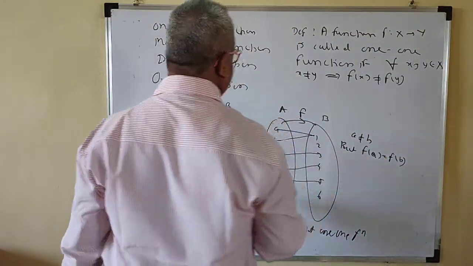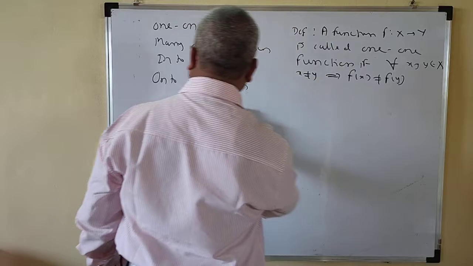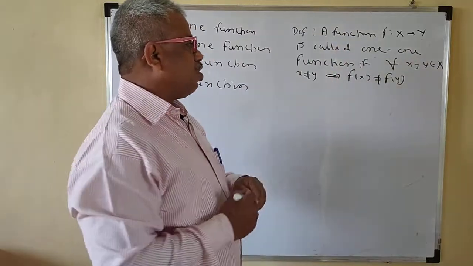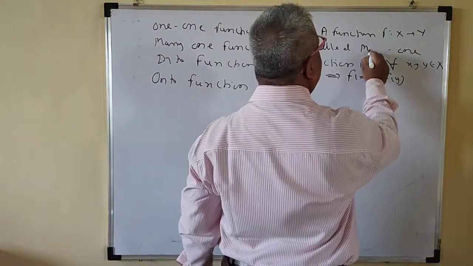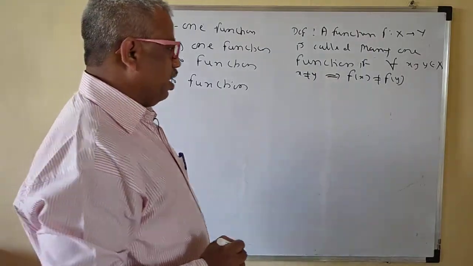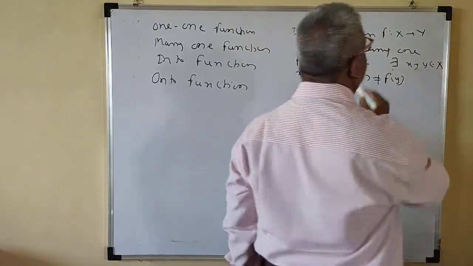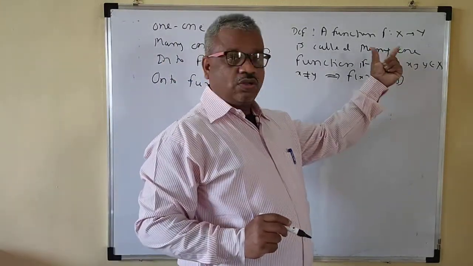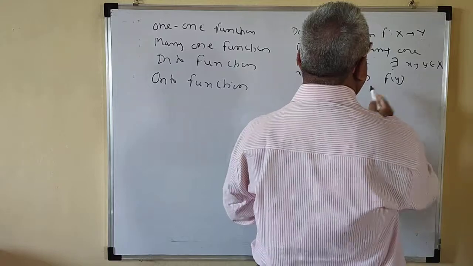Now we will go to many-one function. A function f from X to Y is called many-one if there exist x, y such that x not equal to y but f of x is equal to f of y.